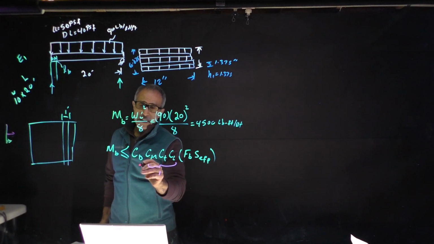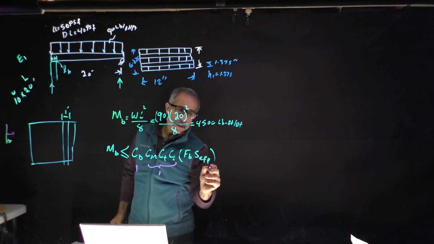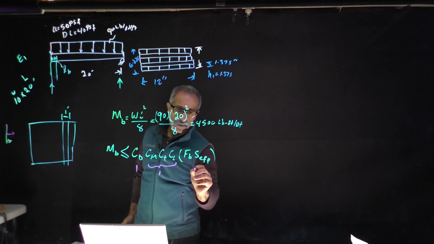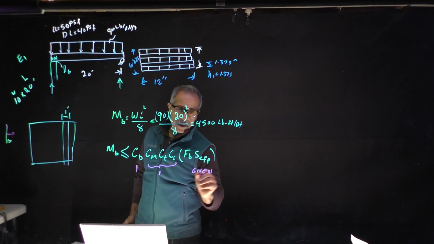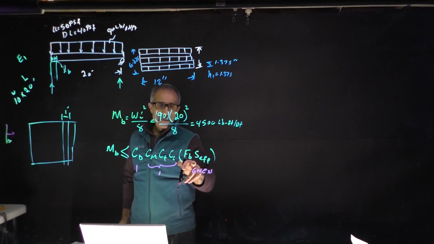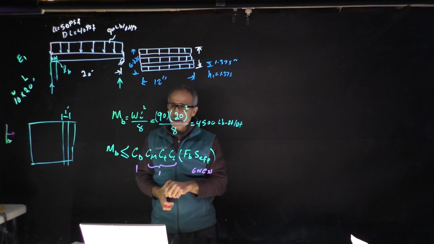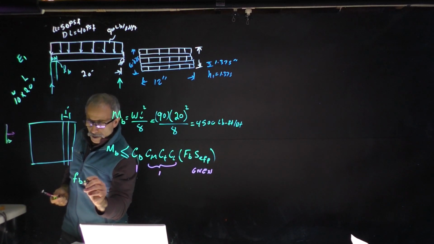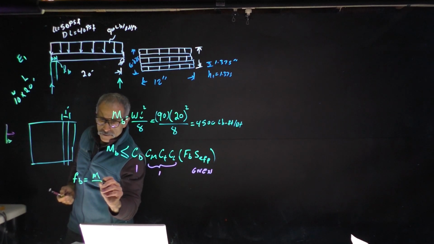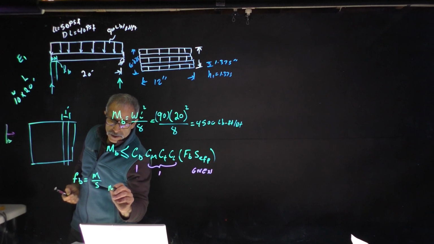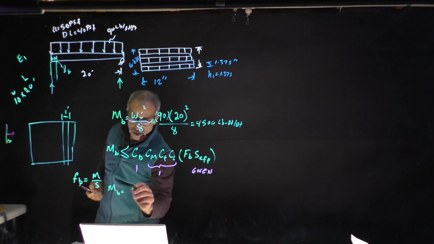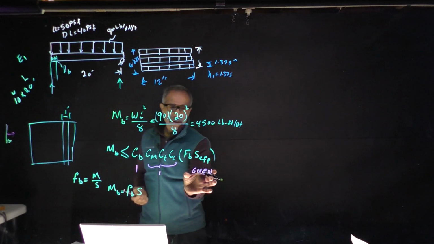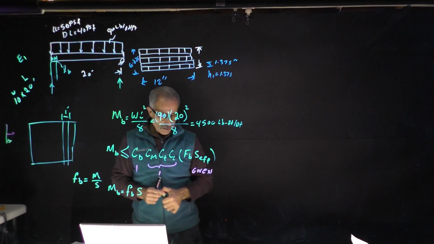Let's say CD is going to come out 1, and this is given by the manufacturer. FB times SFF is basically the bending moment. We know FB is equal to M divided by S, or MB, the bending moment, is equal to FB times S. So this is the bending moment which is given by the manufacturer.